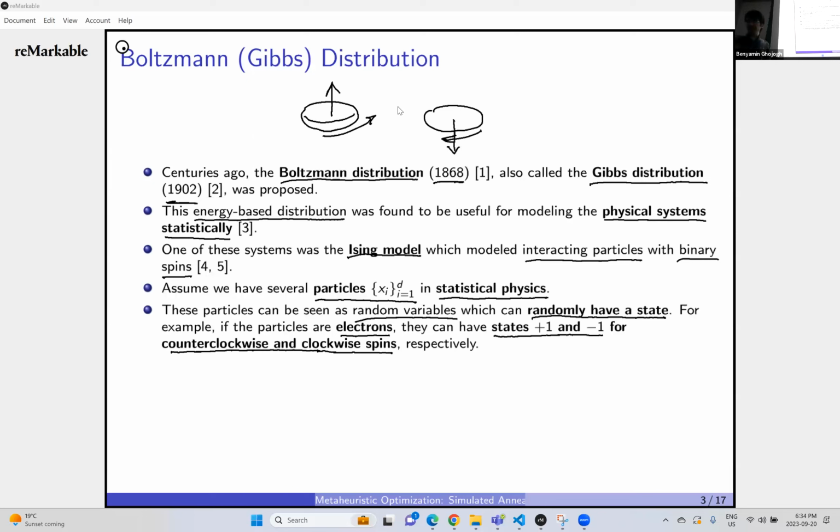Therefore, assume we have d particles, each of which has some state, +1 or -1, depending on whether it's rotating clockwise or counterclockwise. If you consider these d particles together, you can see it as a binary vector, right? A d-dimensional binary vector.